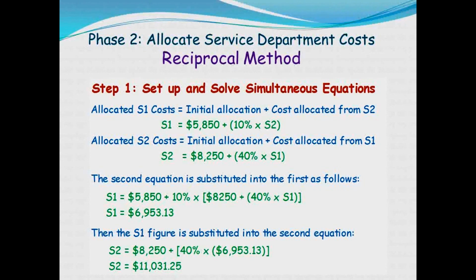So service department 1's total cost is 6,900, and service department 2's total cost is 11,000. Now we use these numbers going forward. Where we would have used 5850 and 8250, we'll now use 6953 and 11131.